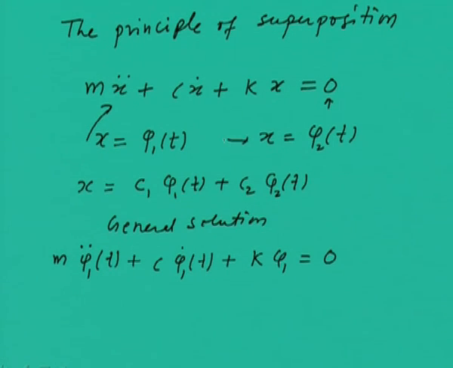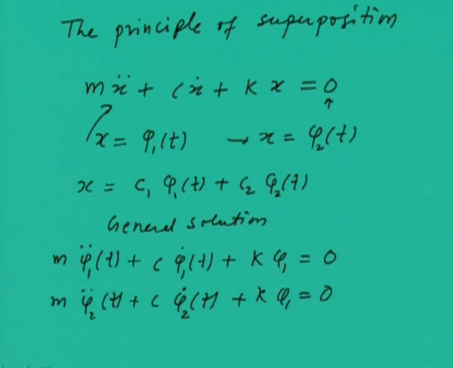Similarly, we can satisfy the second particular solution, so we will get this. Here dot represents the time derivative. So these two equations we got.